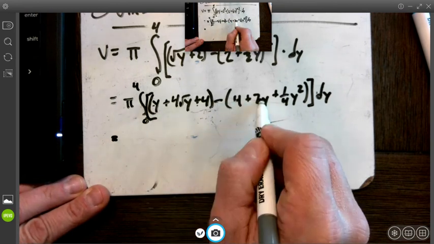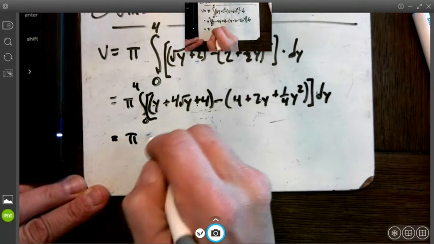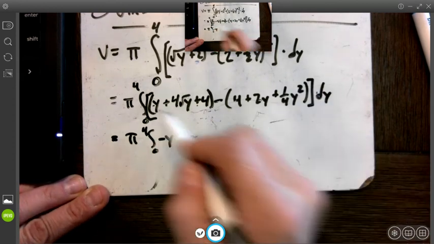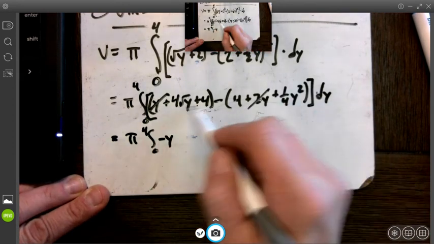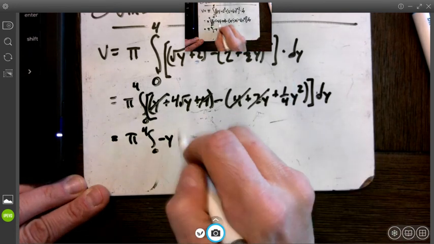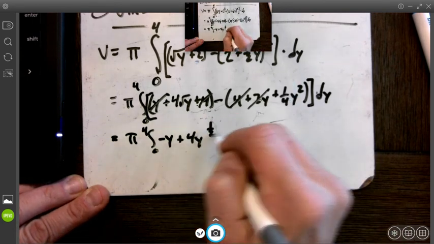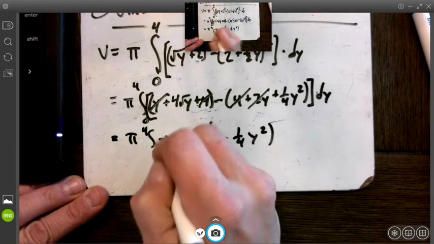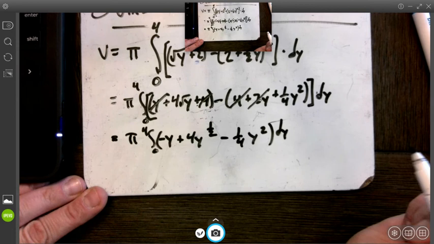I've got y minus 2y, which is negative y. All right, and then so let's see, y's are gone, 4's are gone. And then I've got this guy right here. So I'm going to have a 4 y to the 1/2. And I'm going to have a minus 1/4 y squared dy. And then I think we're in business.